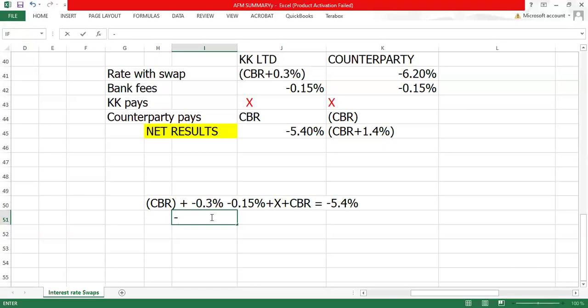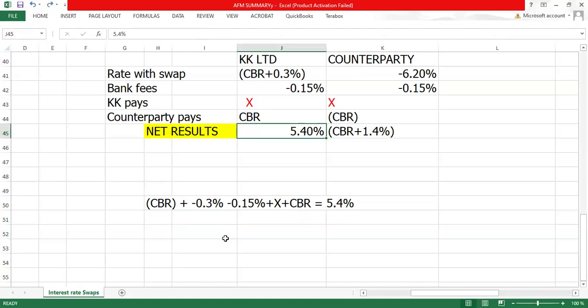Then plus X is equal to negative 5.4%. Remember, you are looking for X. So how will you get this X?